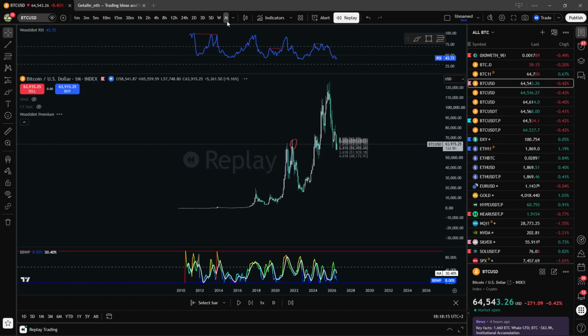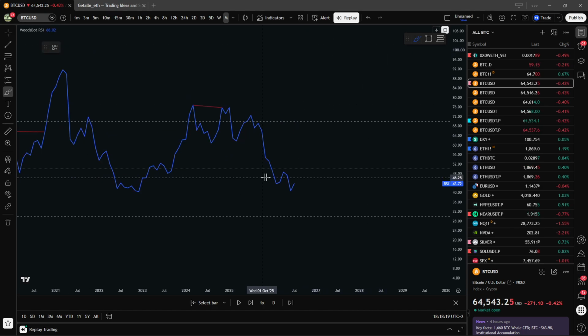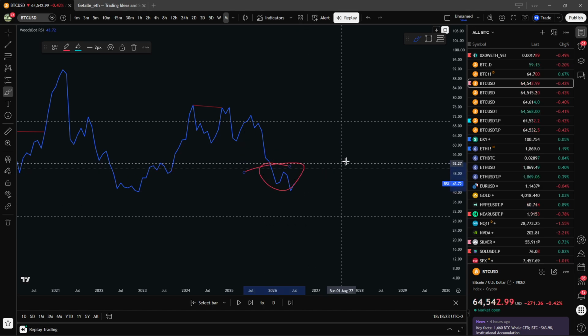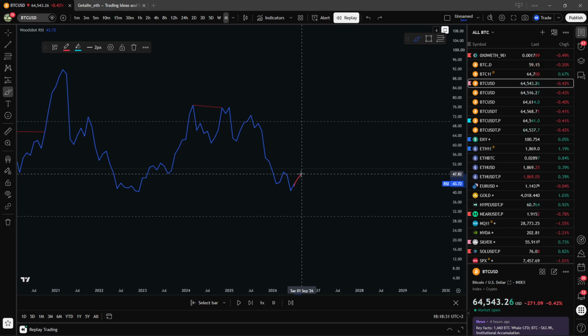If I go to the monthly time frame and look at this momentum, Bitcoin just rejected from this 50 mark on the RSI. Now it's pumping again, but this is a place for a lower high on the RSI.